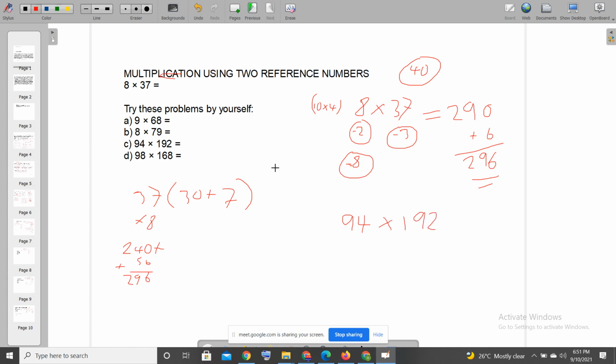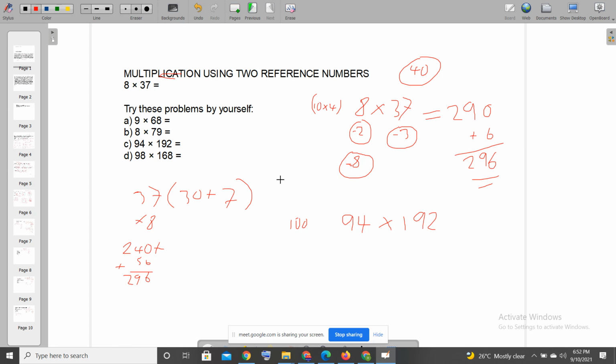Now we first have to look for the reference number. You can see that the reference number we can pick to solve this will be 100, right? The primary reference number for this is 100, right? Yes.